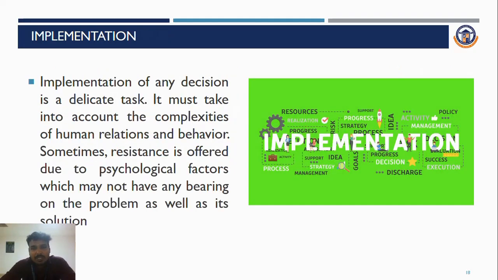Then implementation. How to implement operations research in the industry. The implementation of any decision is a delicate task. It must take into account the complexities of human relations and behavior. Sometimes there is resistance to offers due to psychological factors which may not have a bearing on the problem as well.